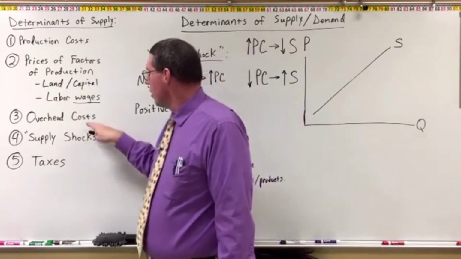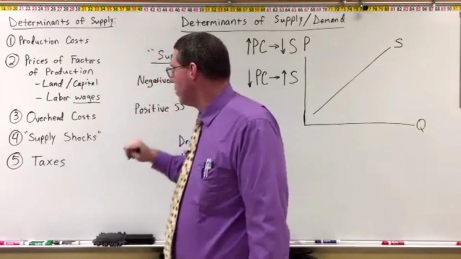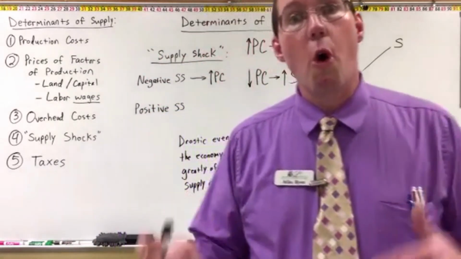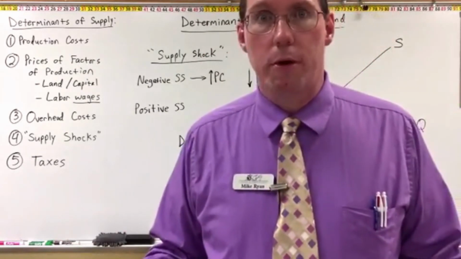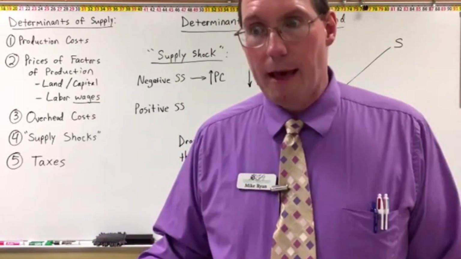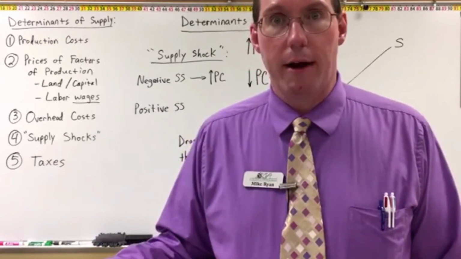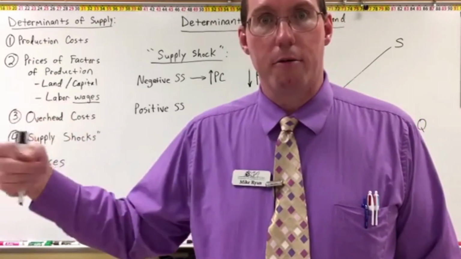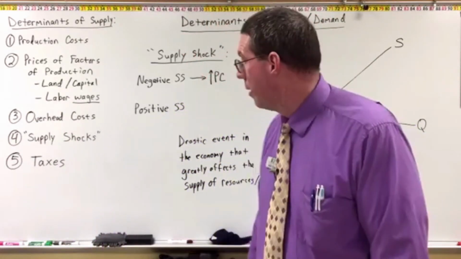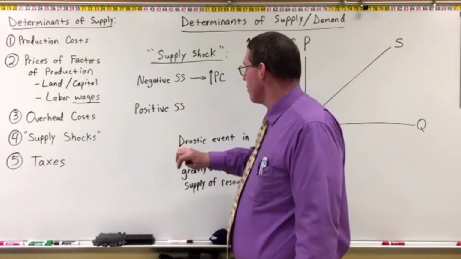Something else, let's say that that hurricane knocked out the electricity and keeping things cold in your business is important. Well, now you're going to have to get a generator and pour gasoline or diesel into the generator so that you can keep your refrigerators going so all your product doesn't thaw out. Okay? So that would be a negative supply shock.